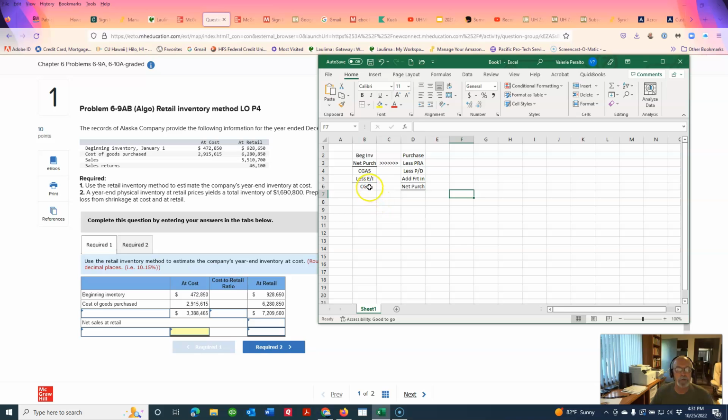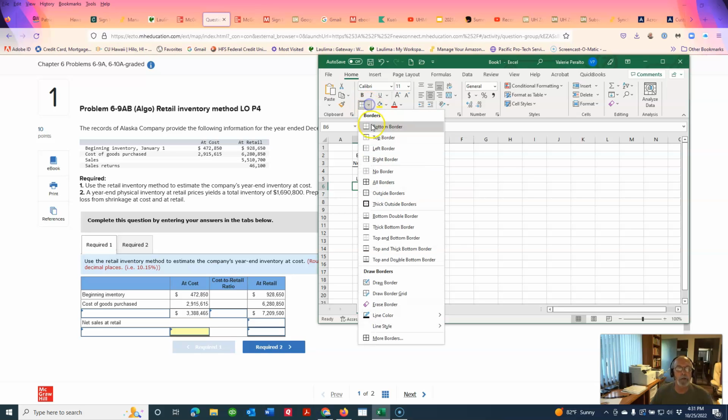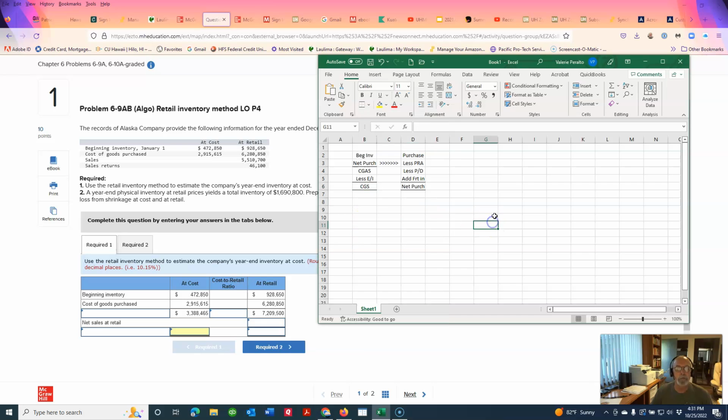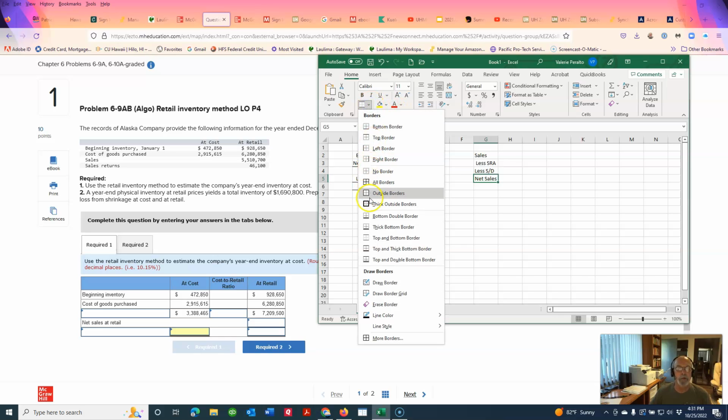Then, of course, in the larger equation, our sales, and if we subtract sales returns and allowances and sales discounts, we end up with our net sales.